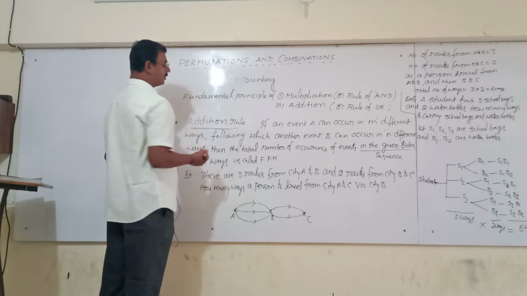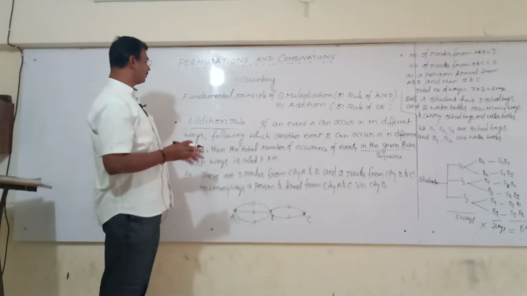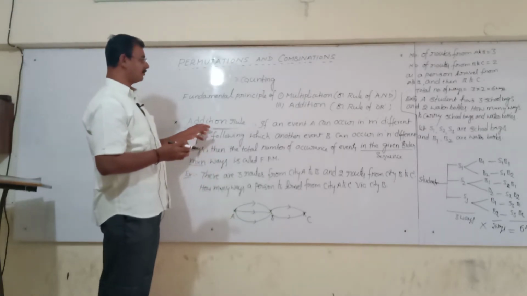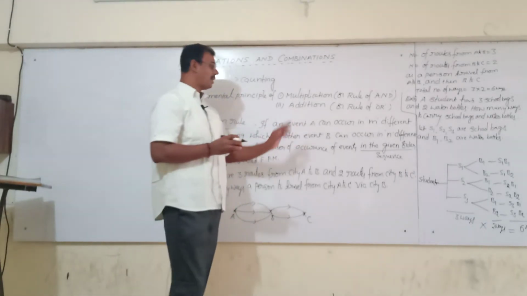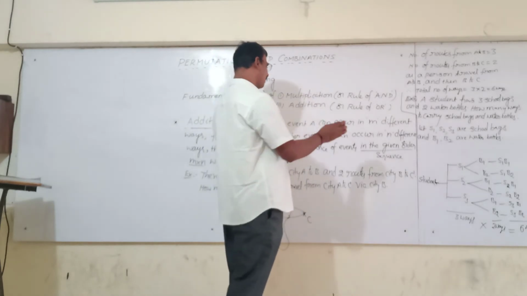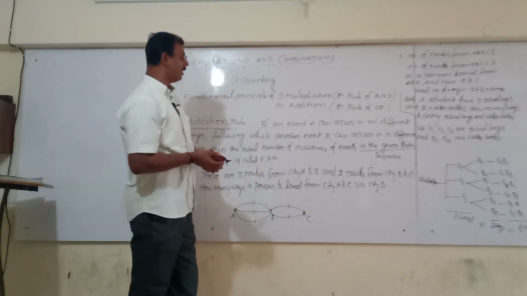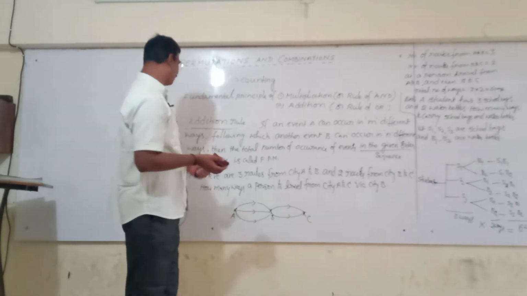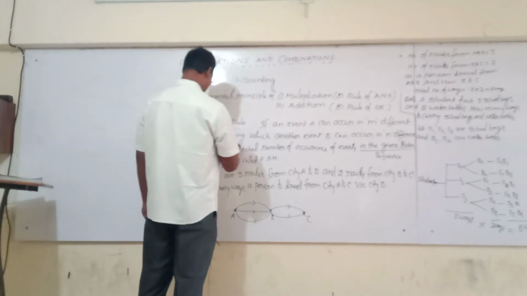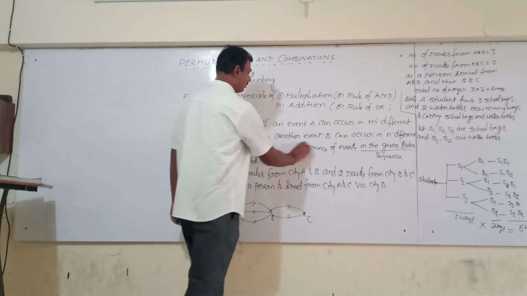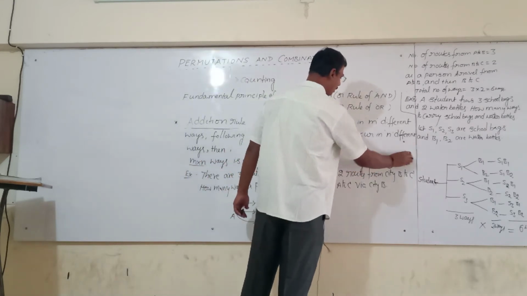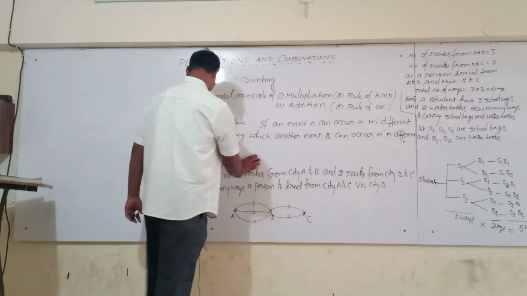Let us take the definition. If an event A can occur in m different ways, and another event B can occur in n different ways, then here only the rule changes.